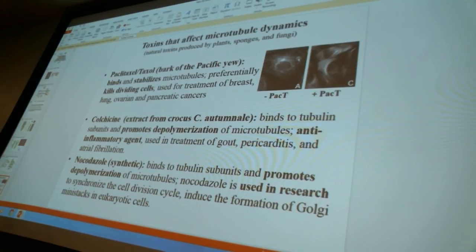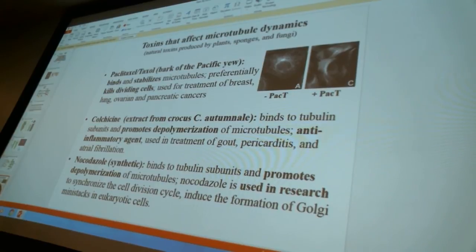So as a result, if we target cells that are rapidly dividing, and mostly it's the immune system plus cancer cells, we will be able to target cancerous cells very well by this type of toxins. So one example is Taxol, which is extracted from the Pacific yew tree, and it's actually utilized for a variety of cancers such as breast, lung, ovarian, and pancreatic cancer. So it's a very significant chemical in medical research.